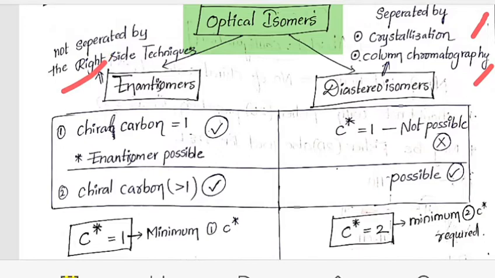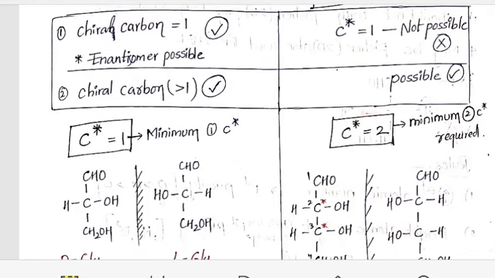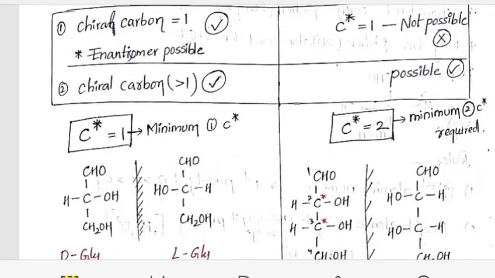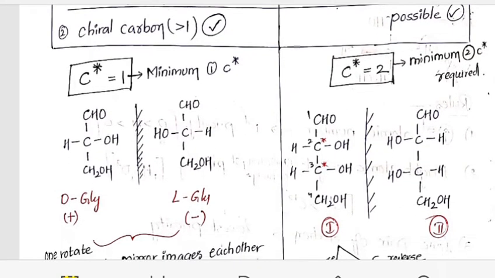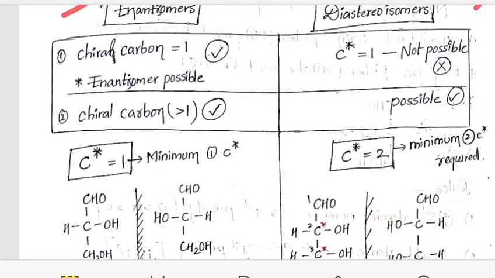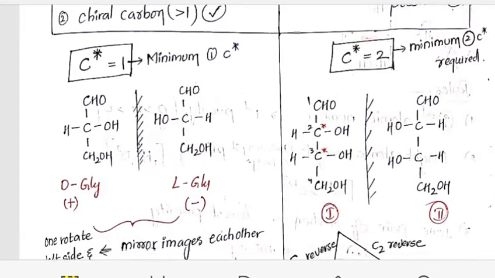With one chiral center, we have enantiomers, but a single chiral center cannot form diastereomers, because with a single chiral center the resulting isomers are mirror images, whereas diastereomers are non-mirror images and non-superimposable. A minimum of one chiral center is required for enantiomers and two for diastereomers. I have represented the various possible structures here.